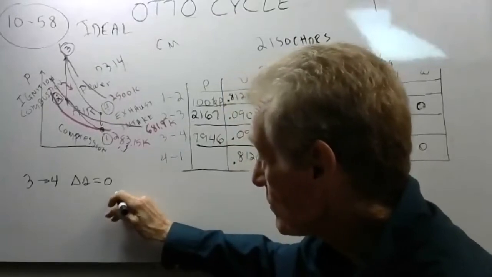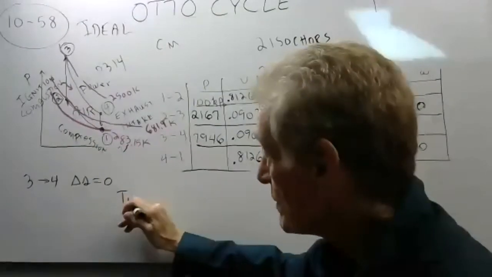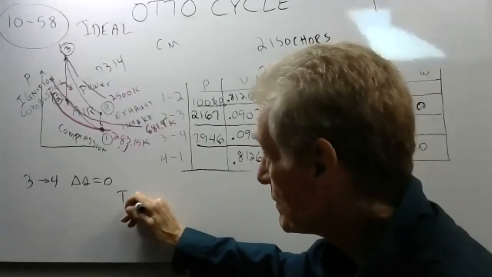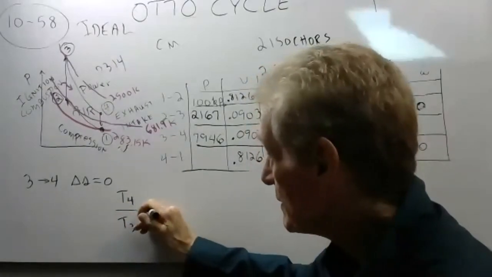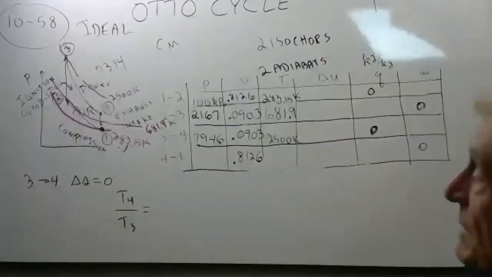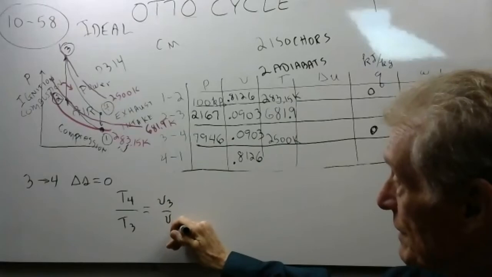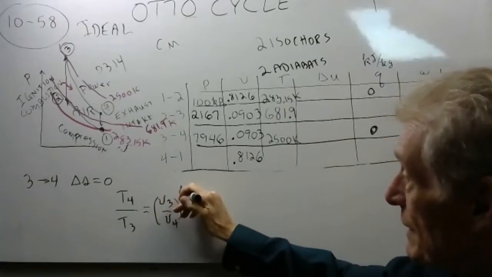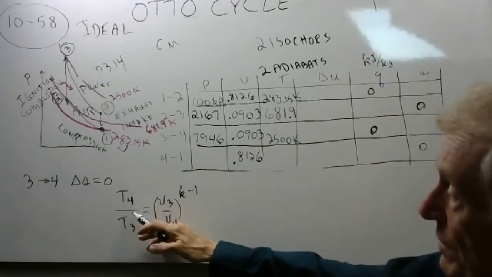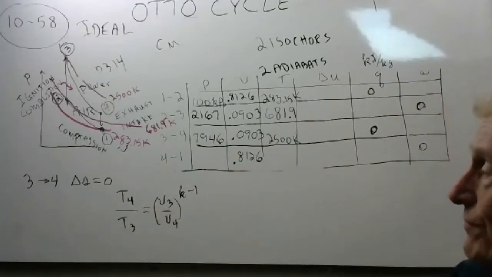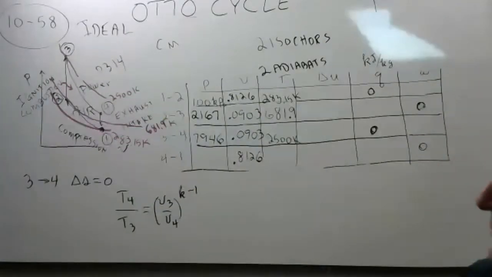And so you can do this equation here: T4 over T3 is equal to V3 over V4 to the K minus 1. Do you notice how the numbers go big number, little number, big number? They kind of flip. You might want to write that down someplace because they flip.